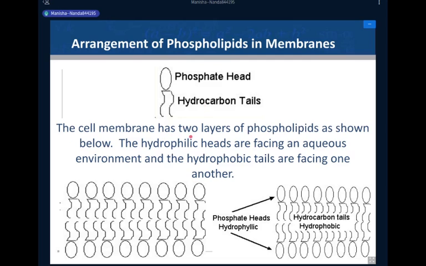The cell membrane has two layers of phospholipids as shown here, and the hydrophilic heads are facing an aqueous environment. One is the cytoplasm and the other is the extracellular environment, whereas the hydrophobic tails are facing one another, as you can see here. So these are the phosphate heads, and this is the hydrocarbon hydrophobic interior of the membrane.